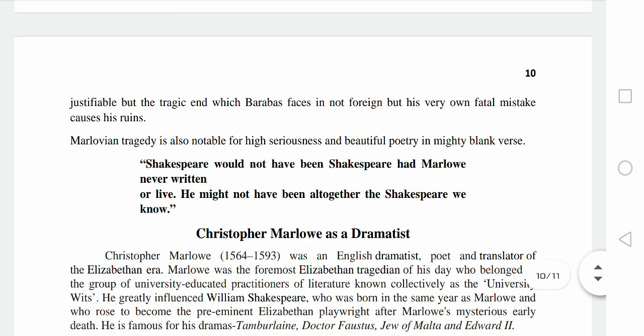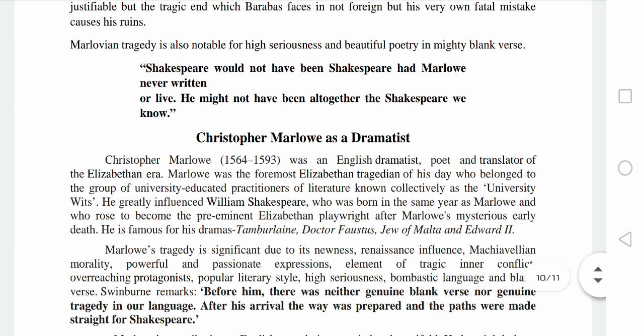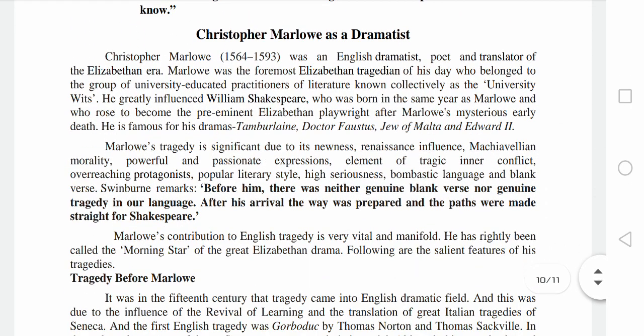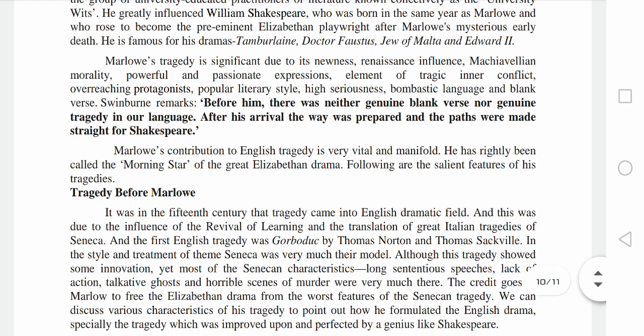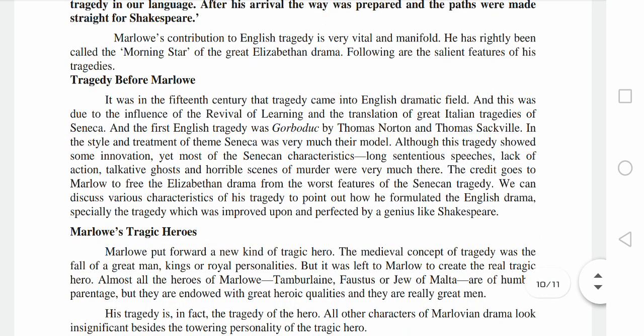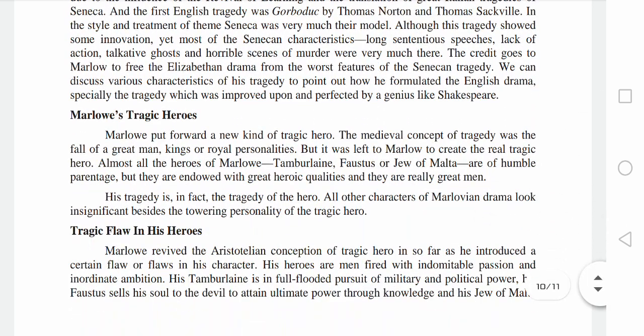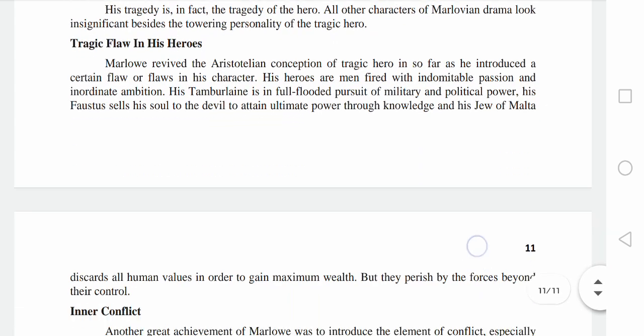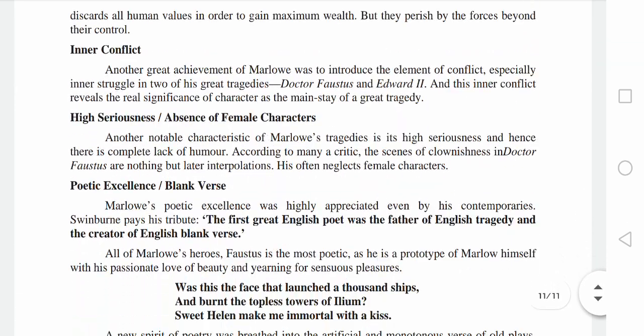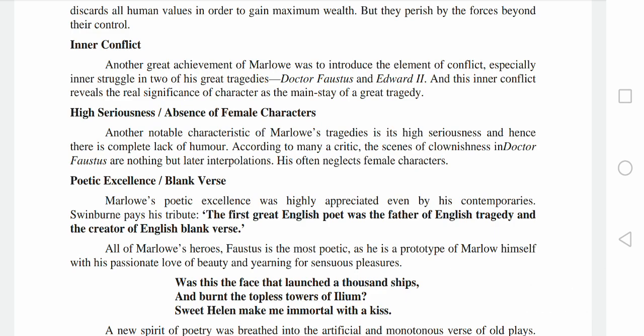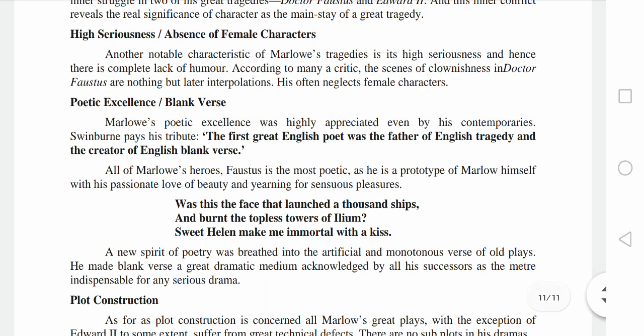These are the factors, and now we can summarize these things by pointing out Marlowe's perspective. You can see the factors and all the consequences which Shakespeare mentioned.